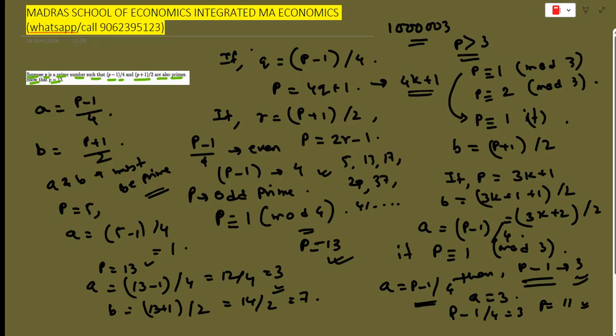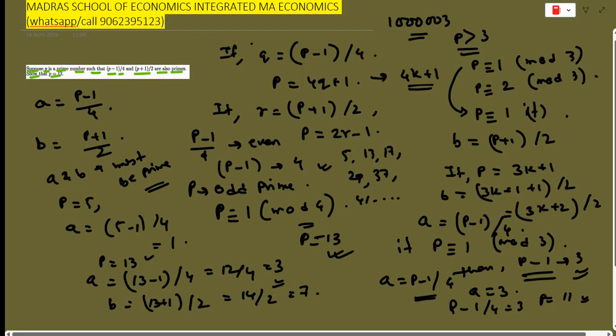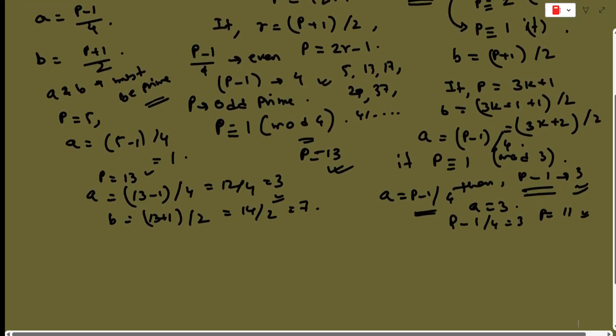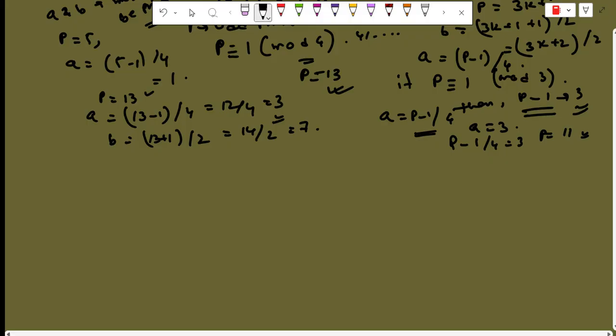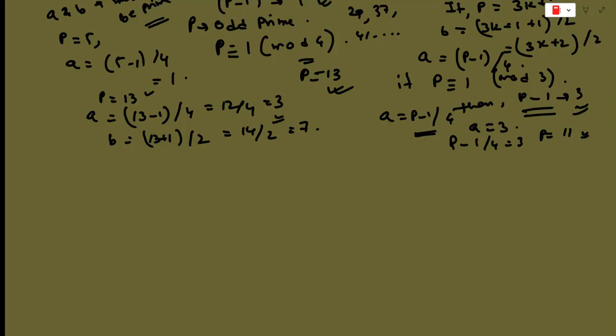Now what if I say, just a second, P is 2 mod 3, then P plus 1 is divisible by 3, and since B equals (P plus 1)/2 and 2 is not divisible by 3, then B must be divisible by 3.